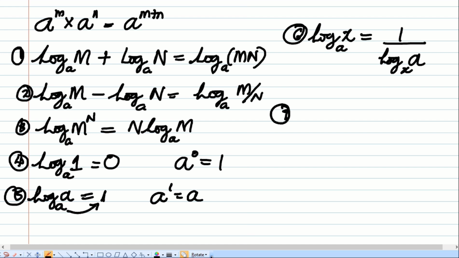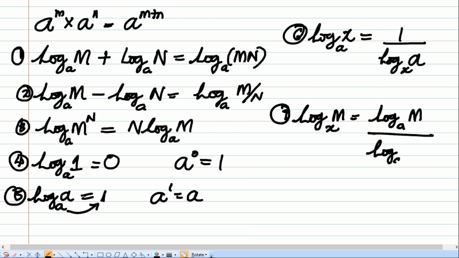So the next one is the change of base law. So let's say we have the logarithm of base x of m, for instance. If you want to change this base from x, you can replace it with any other base of your choice. Let's say logarithm of base a of m divided by logarithm base a of x. So notice what's going on here.